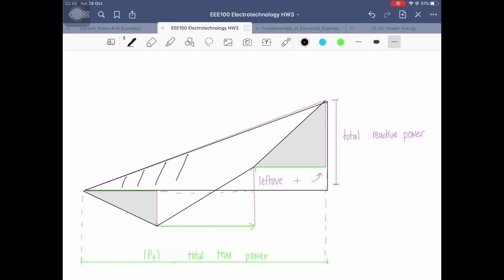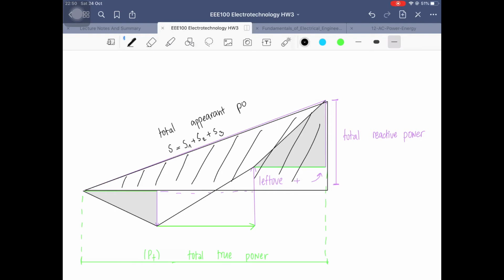You don't have to shade it actually, but I just want to show that the shaded part is the total power triangle, from the subtraction and addition of all the powers that we have in this exercise. So this is the total apparent power.